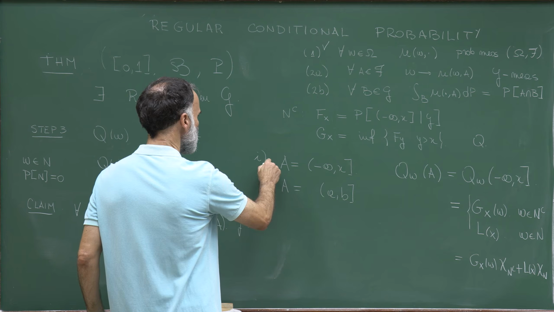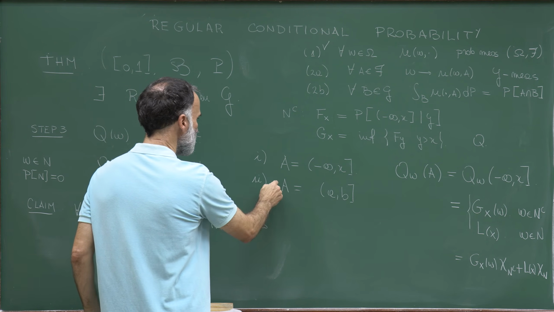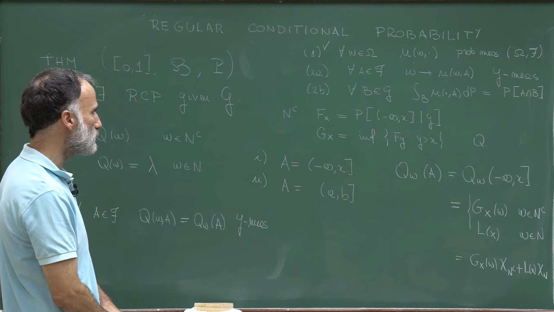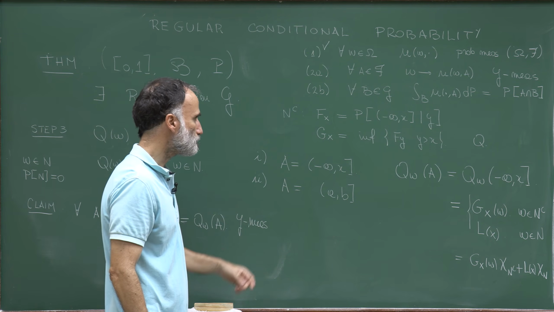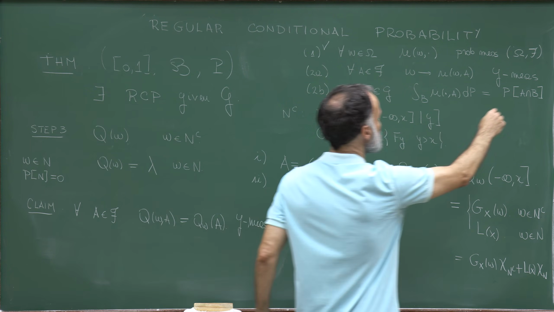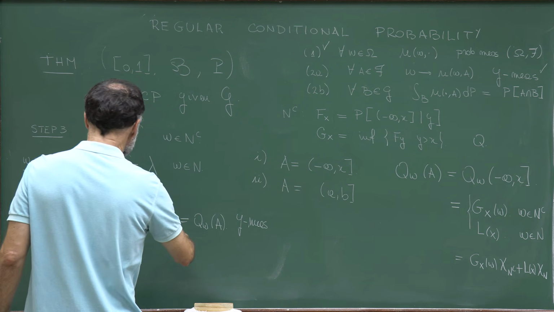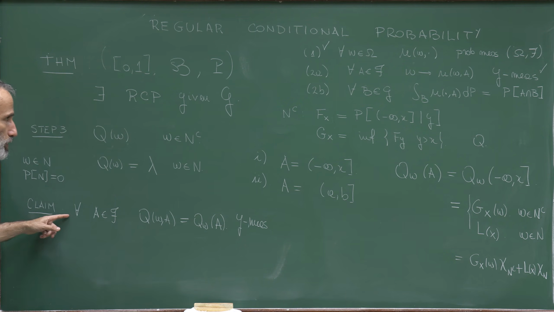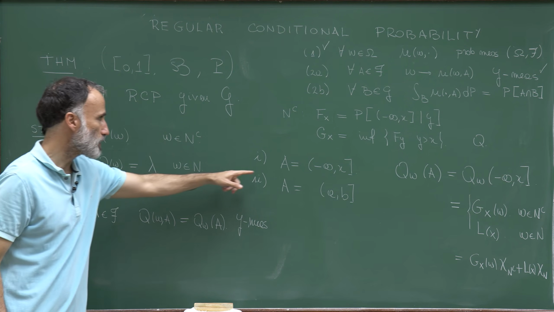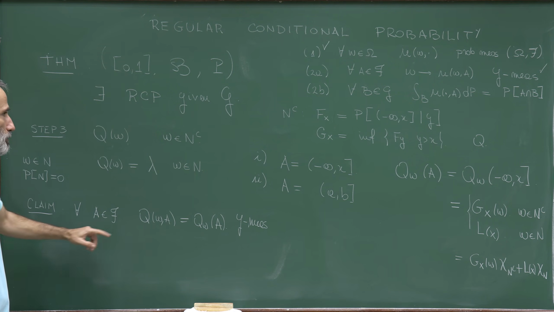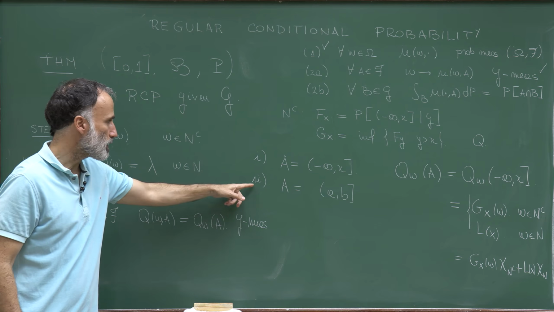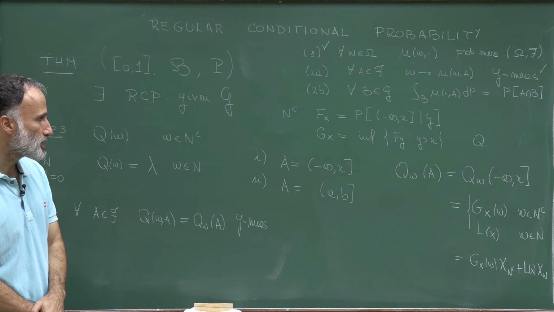So this is first step. Then the second step, by using the linearity of the measure, we can extend this property, which is the G measurability. So we first prove this property for these type of sets A. Now we can extend it to this type of sets.